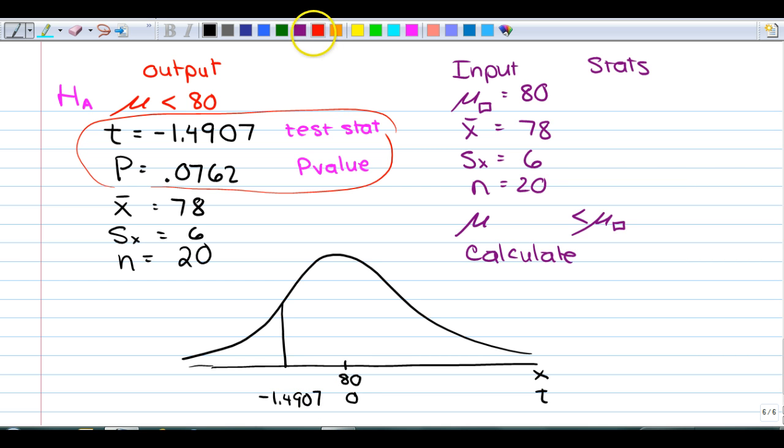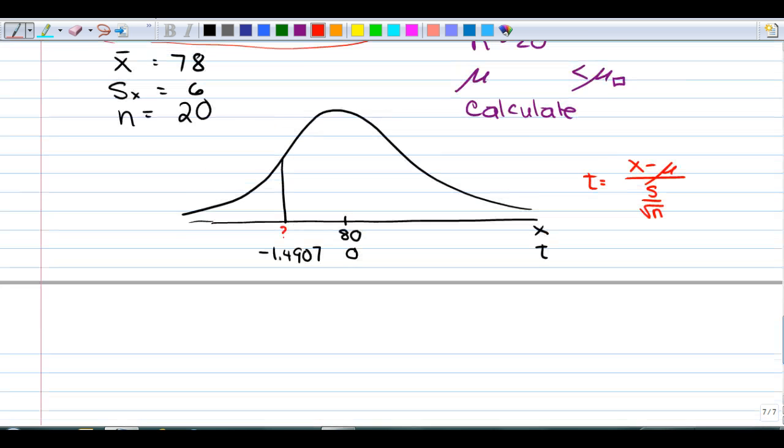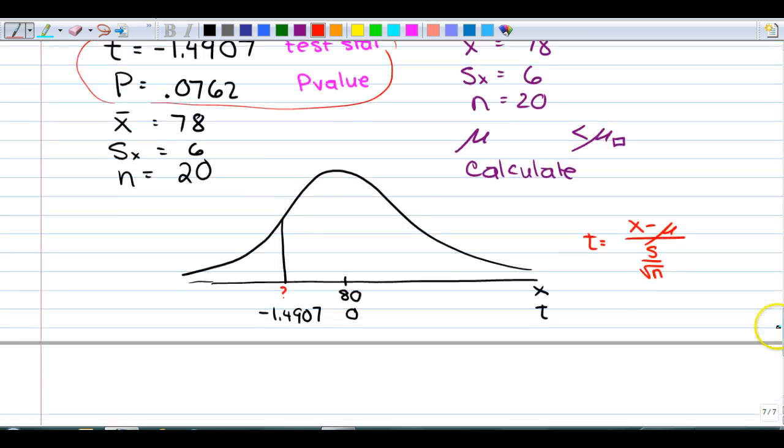I don't know what the corresponding x value is, but we could figure it out because we know that t is x minus mu over s divided by the square root of n. And I know all those values except x.